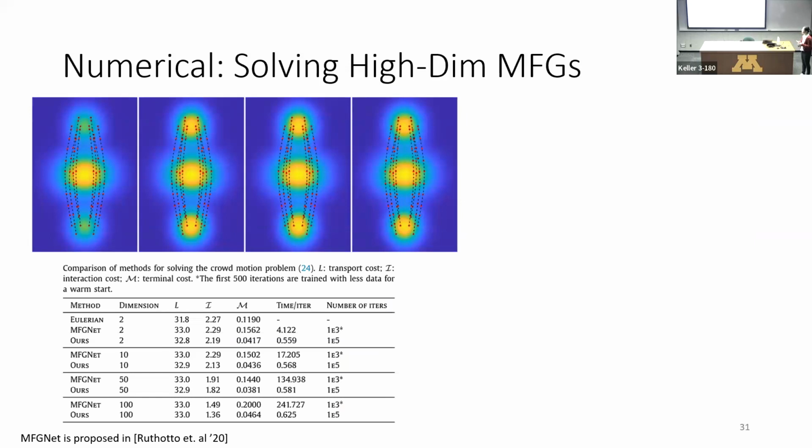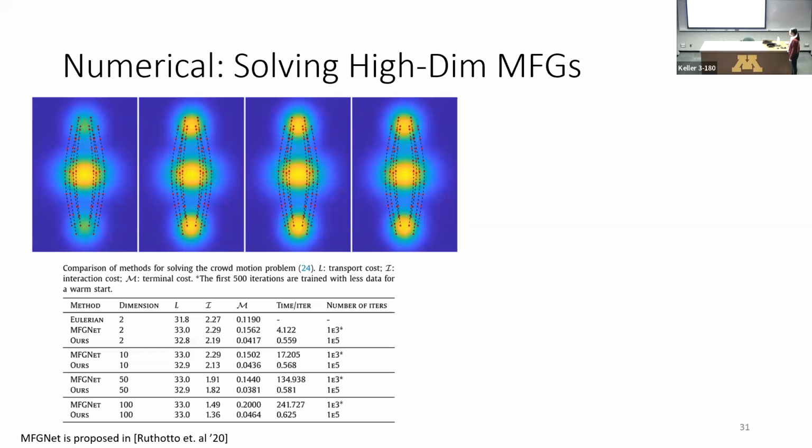These are some numerical results on solving mean-field games in high dimension. In these experiments, we solve it in 2 dimension, 10 dimension, 50 dimension, and 100 dimension. For all of these, the increase of the dimension does not pose any difficulty for our algorithm. And in high dimension, we can achieve a similar accuracy, a similar performance of the result, to traditional mesh-based methods.